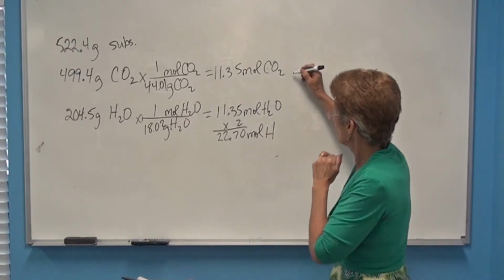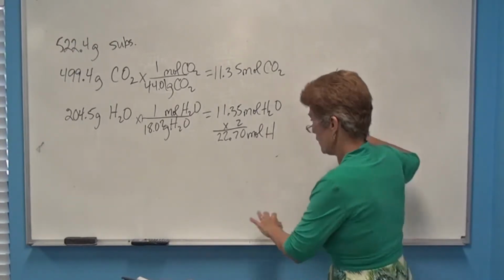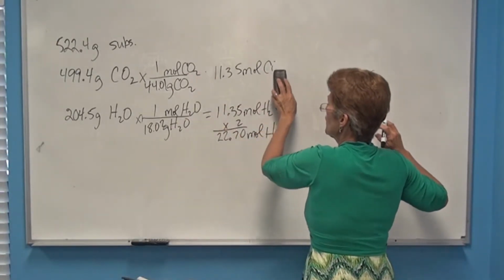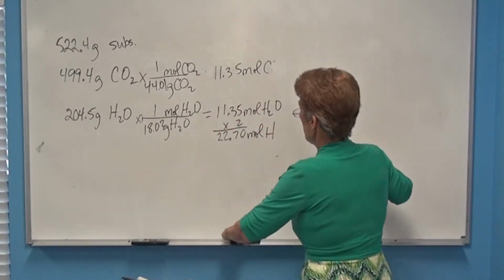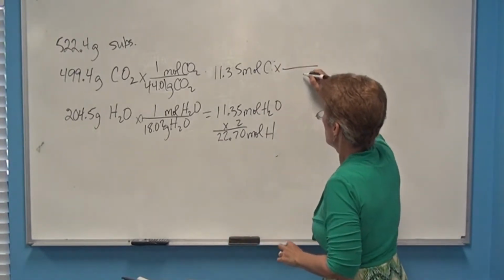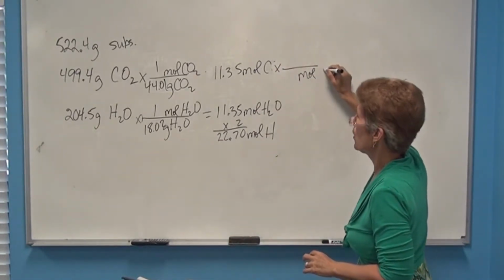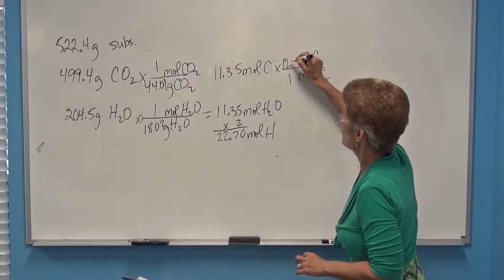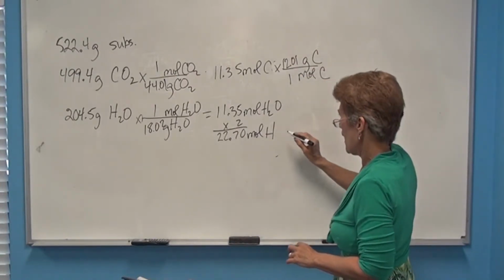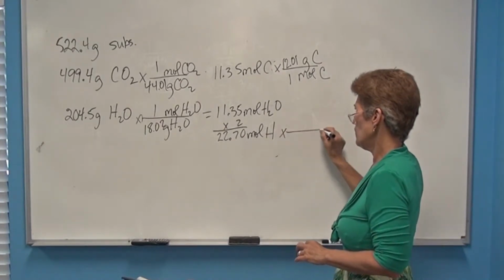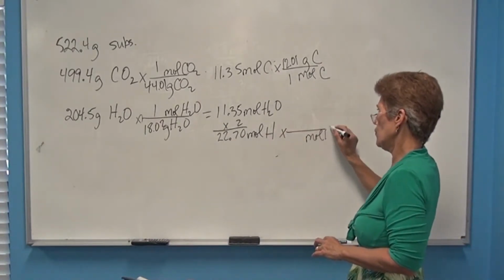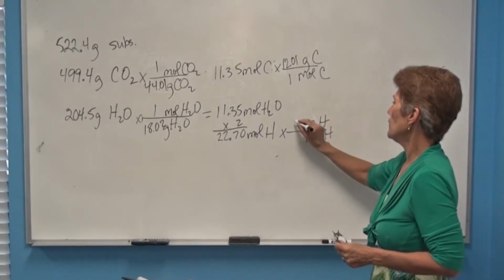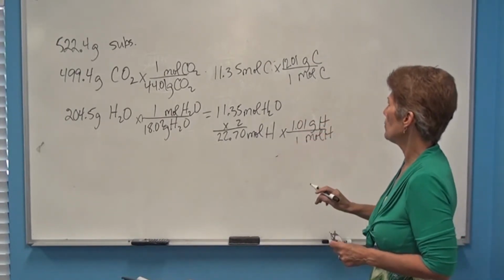So I'm going to change this to the moles of carbon, and we're going to go times line, moles of carbon to grams of carbon. 1 mole is 12.01 grams, and the hydrogen times line, moles of hydrogen, grams of hydrogen. This is 1.01 for every mole.